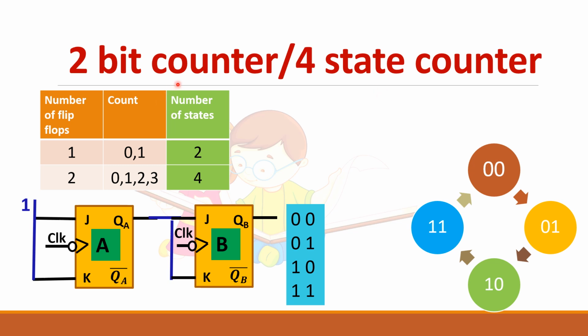It is also called a 2-bit counter because there are two bits here, and it is a 4-state counter because it counts from 0 to 3. A counter always starts from 0. So 0, 1, 2, 3, and again it goes back to 0. So this is also called a 4-state counter.